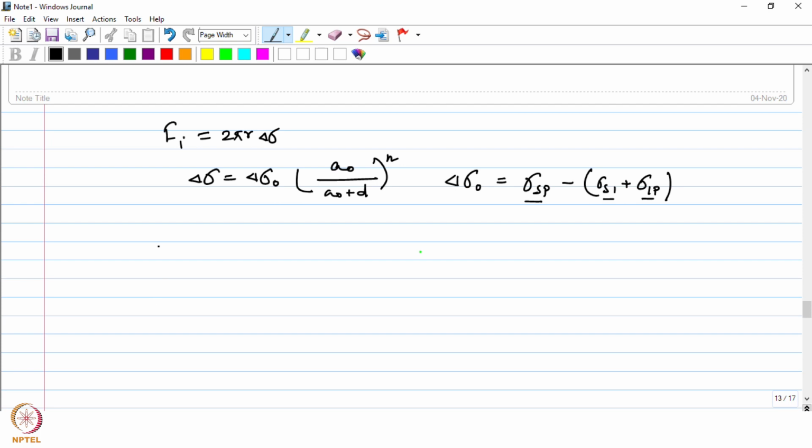And the term A naught is the sum of the radii of the surface atoms of the particles and the solid.